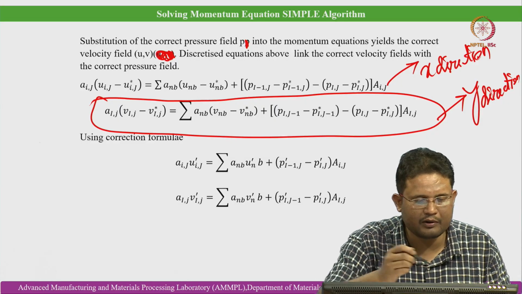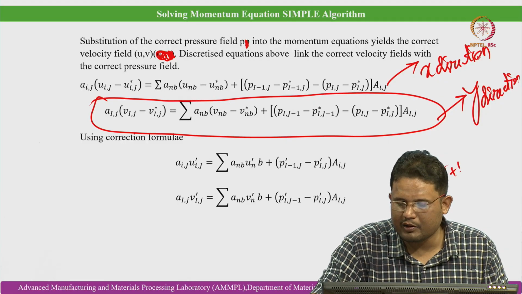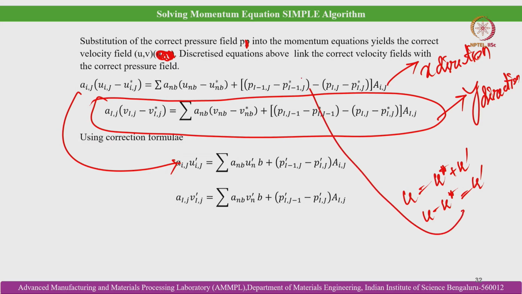Using the correction formula, because we already know that U is equal to U asterisk plus U prime, here we get U minus U asterisk, which reduces to U prime. So we can write this as A_ij multiplied by U prime_ij is equal to summation of A_nb U prime_nb plus the pressure term.